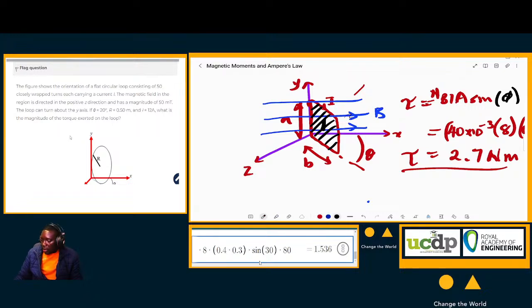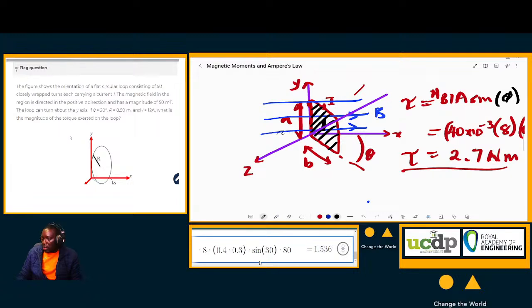Initially the normal will have been lying along the z, but by tilting the loop an angle theta from the x, the normal will also shift an angle theta.